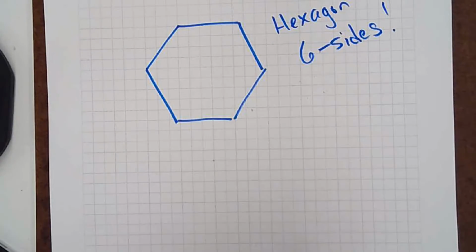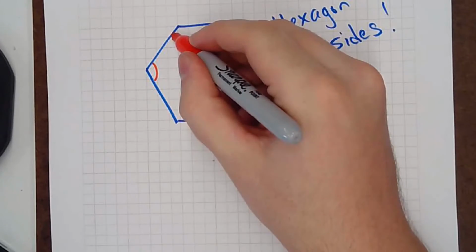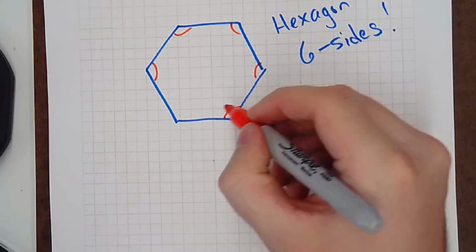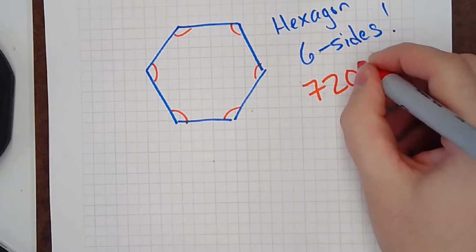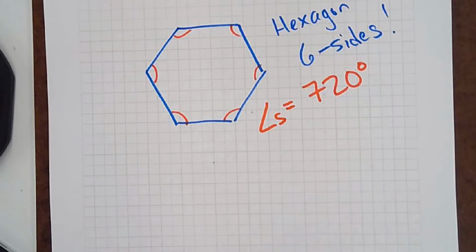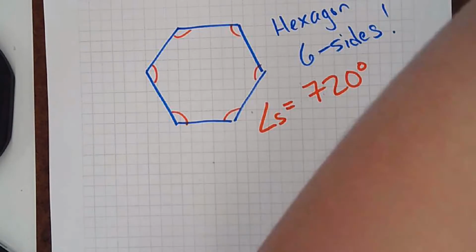We know that a triangle's interior angles sum to 180. What about the interior angles of a hexagon? I want somebody to prove to me that the sum of the interior angles of a hexagon is 720 degrees. Really? Work on that. I'm going to give you 5 minutes. Prove to me that this is 720.